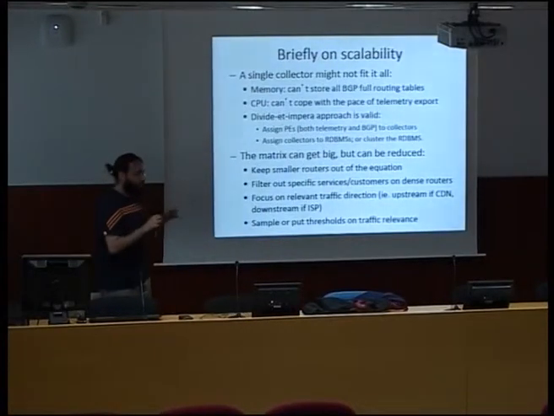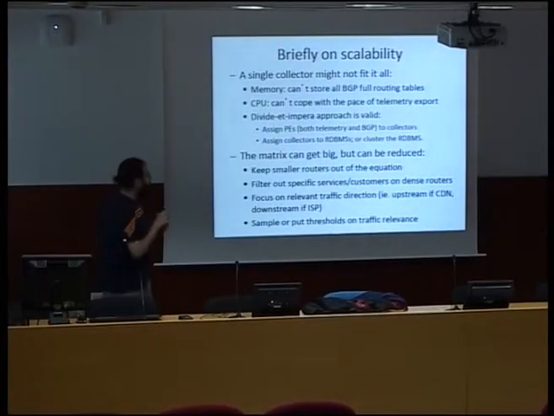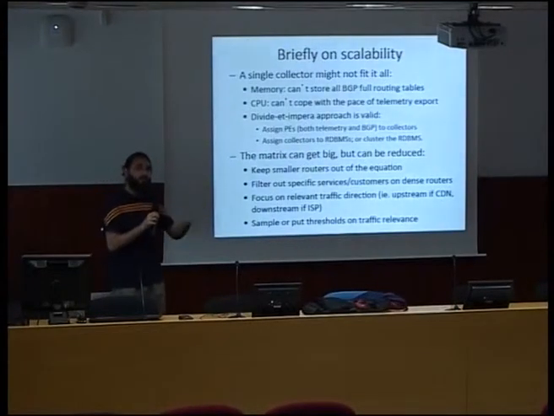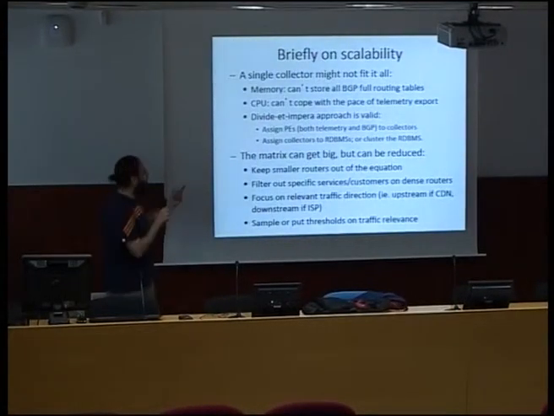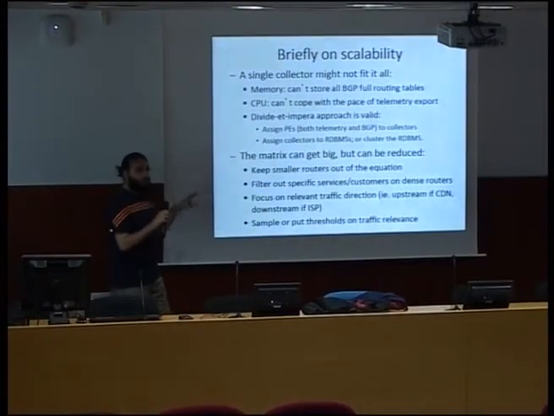You can spread PEs over collectors, and the important thing is that the NetFlow and the BGP from the same PE are bound to the same collector. Then you can also assign collectors to databases and things like that. So divide et impera is very valid.